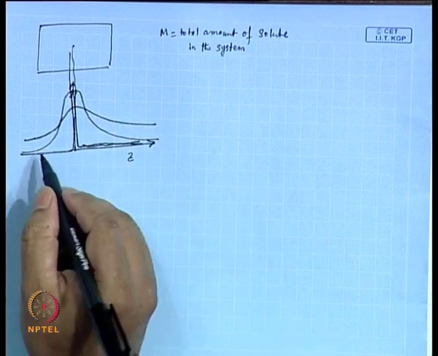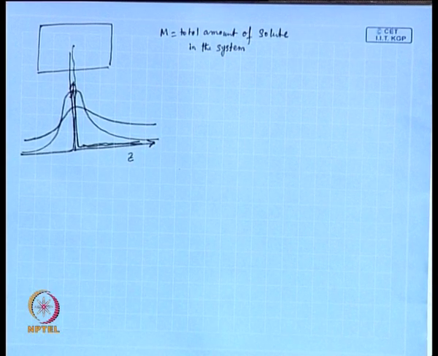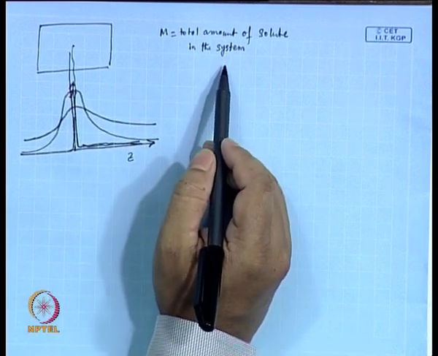The area under this curve should remain the same, and that should correspond to the total amount of solute in the system.